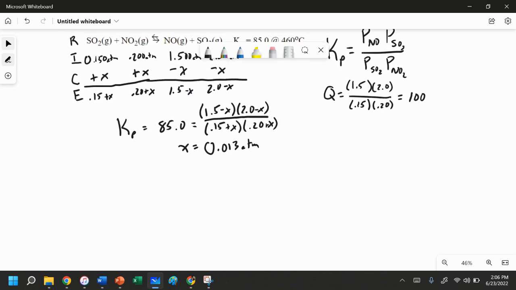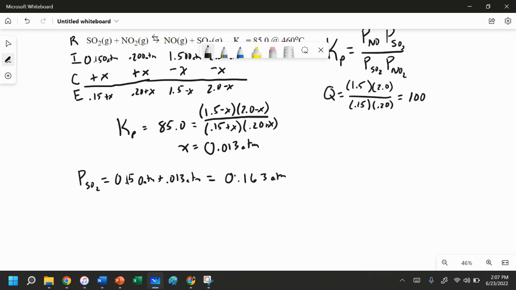So our partial pressure of SO2 at equilibrium is going to be 0.15 atmospheres plus 0.013 atmospheres, which is our value of X. And so when you solve for this, you get 0.163 atmospheres. And so that's going to be the equilibrium partial pressure of SO2.